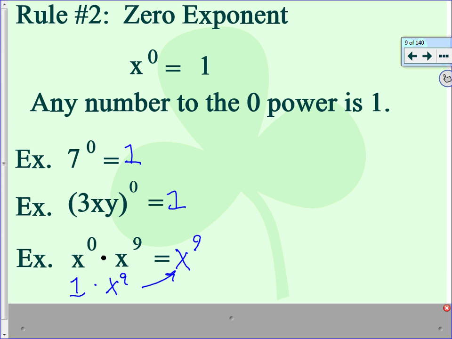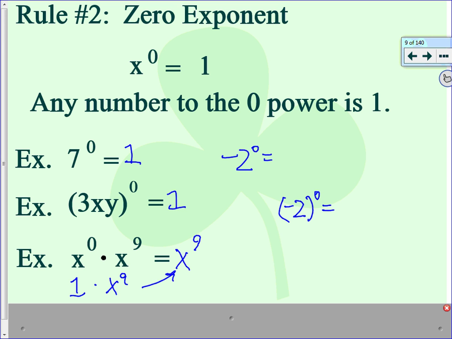Okay, this is a tricky question. -2. Isaac, what do you think? -2 to what power? 0. Oh. 1. Okay, I'm going to write it another way, which actually yields a different answer. One of these, the answer is 1.